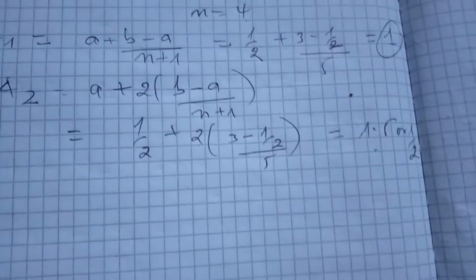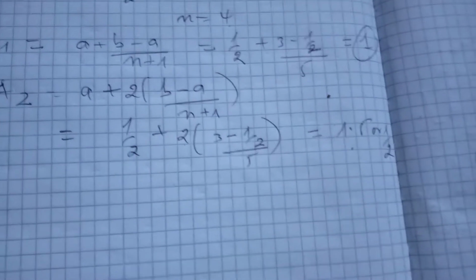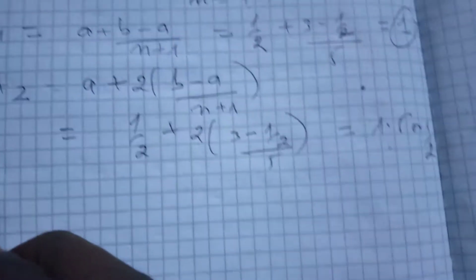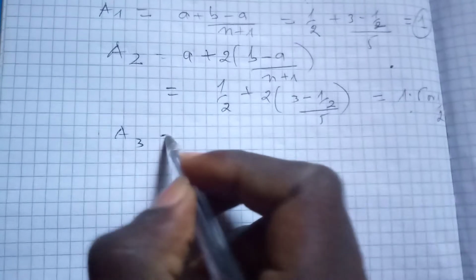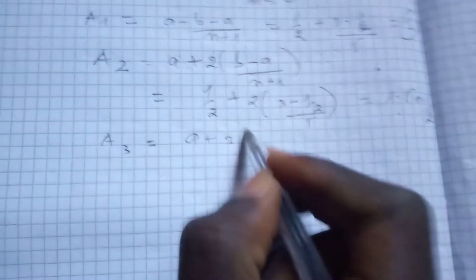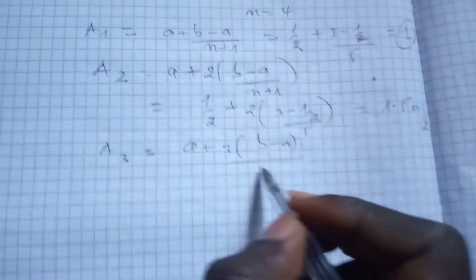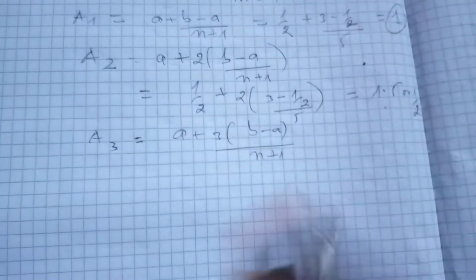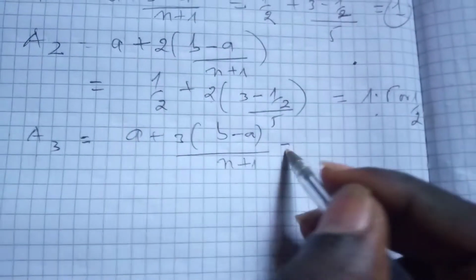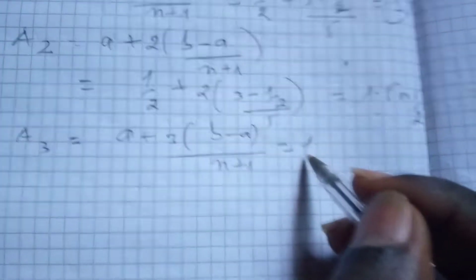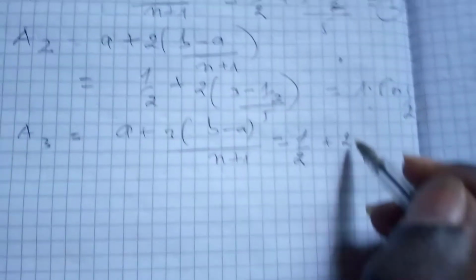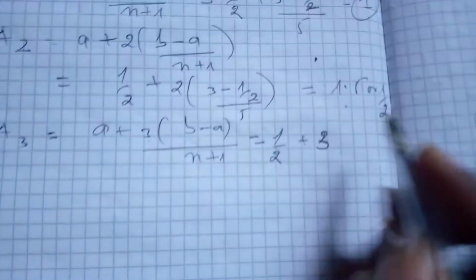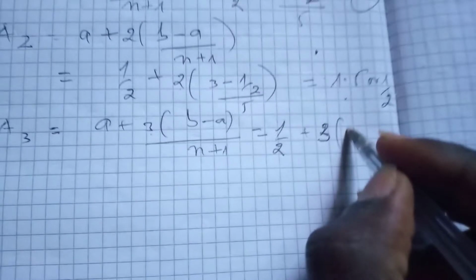So here we take A3, and A3 is equal to A plus 3 times (B minus A) over (N plus 1), and this will be equal to 1/2 plus 3 times 1/2.